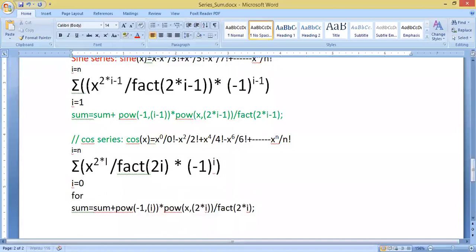It will run from i is equal to 0 and i less than n, then i plus plus, because you have to find the series sum up to the nth term. So the value of x and the value of n should be given, and since I started from 0, it should run accordingly. This is all about finding the sum of the series.